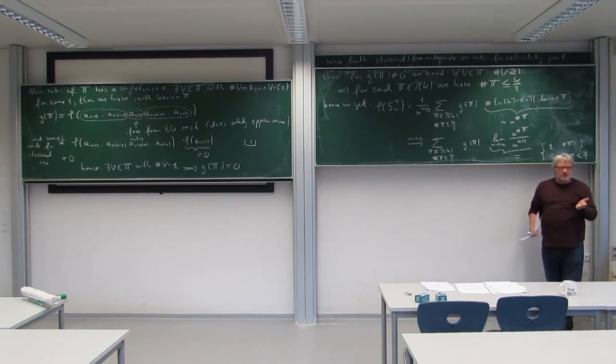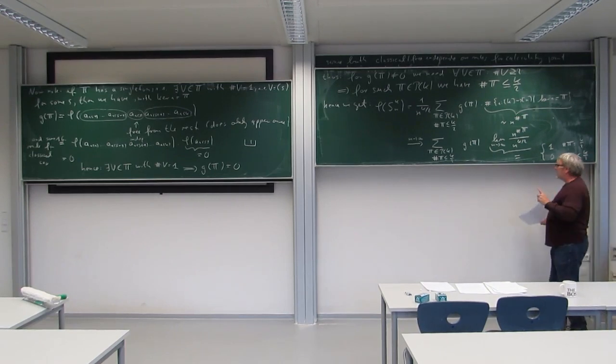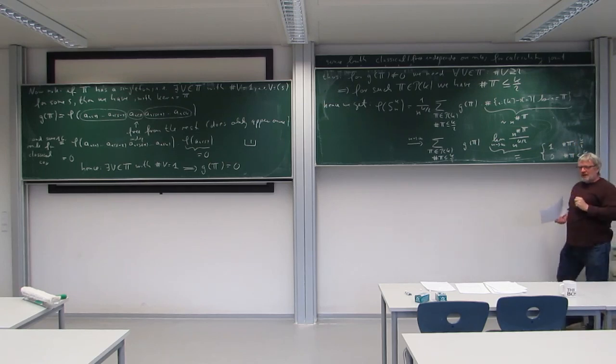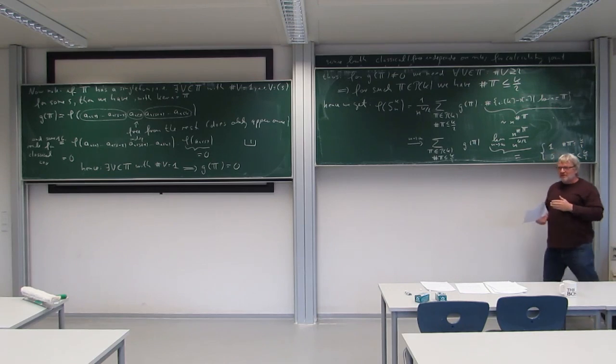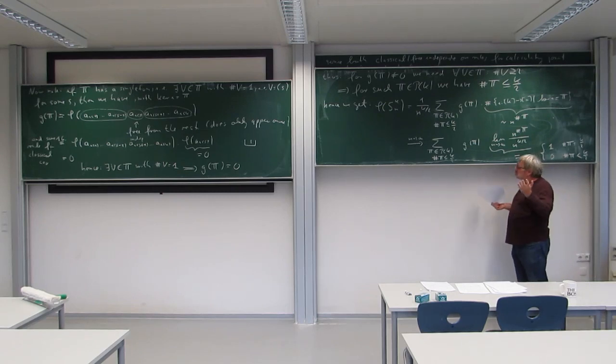The singletons are also excluded. So what survives in the limit is that the number of blocks is exactly equal to k over 2, and we don't have singletons. But this means that each block must contain exactly 2 elements. So what we have here is what we could call a pair partition or maybe a pairing.